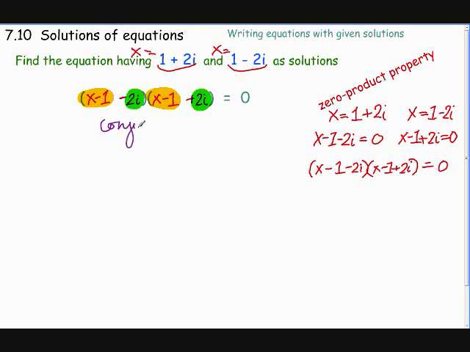Conjugates are when you have the same first term, and I'm asking you to consider a binomial as your first term. Right here, that's your first term in both of these. Second term's the same. The only difference between them is one is a difference and the other is a sum.